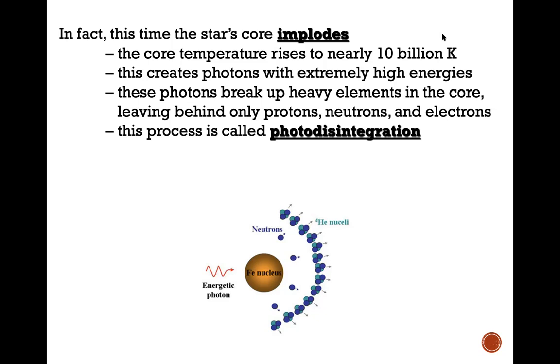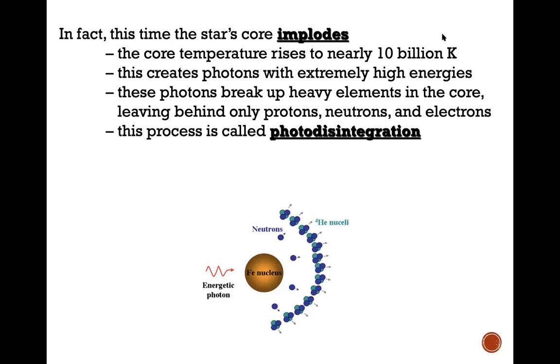So what will happen is, due to these very high energy photons created as a result of this 10 billion Kelvin temperature, the heavy elements will break up, and then you will have protons, neutrons, and electrons in this core region, right? And this whole process is what we call photodisintegration, right?